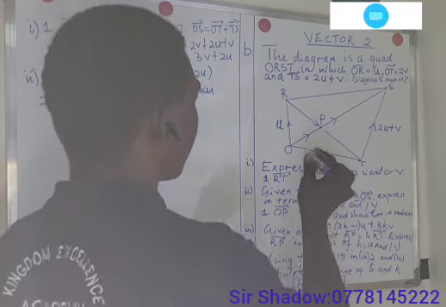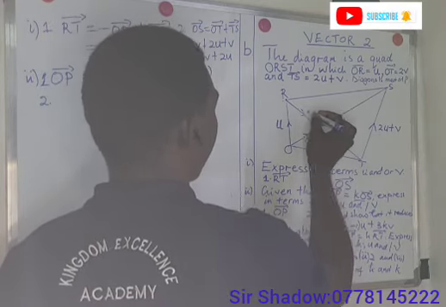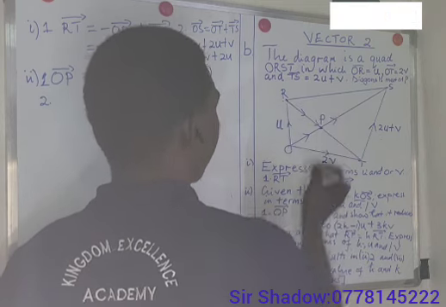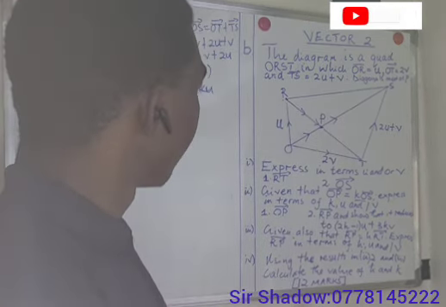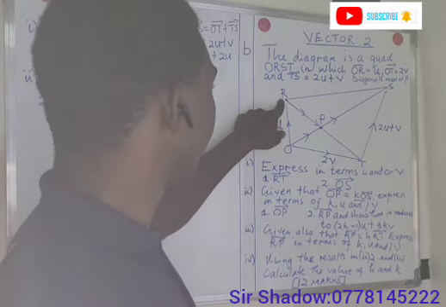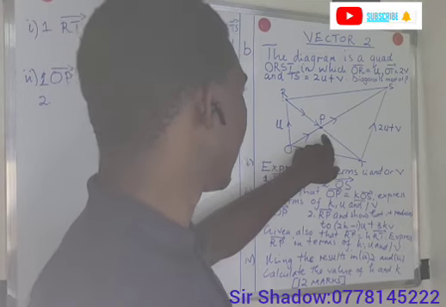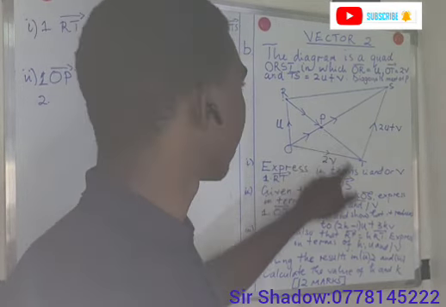We want to find the vector RP. But for us to find RP, you have to say RO plus OP, since they are already given.